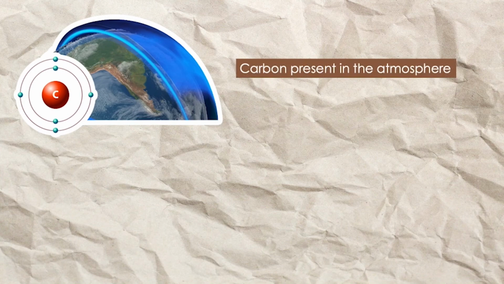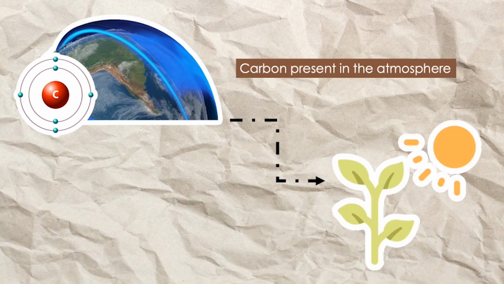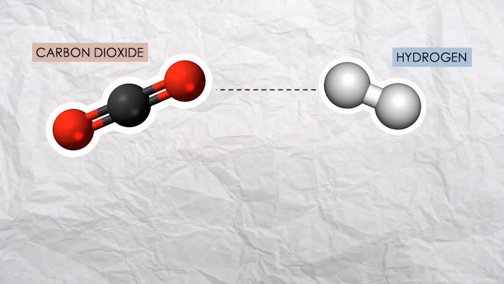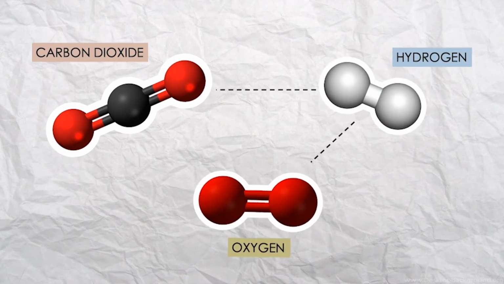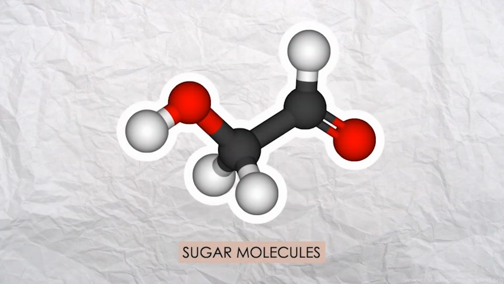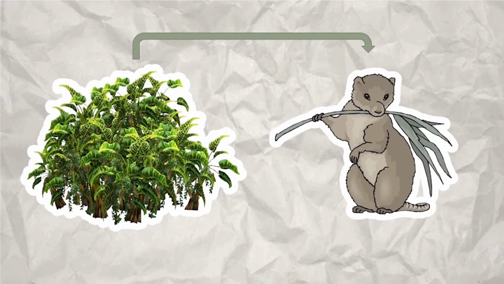Carbon present in the atmosphere is absorbed by plants for photosynthesis. They use energy from the sun to chemically combine carbon dioxide with hydrogen and oxygen from water to create sugar molecules. These plants are then consumed by animals, and carbon gets bioaccumulated into their bodies.